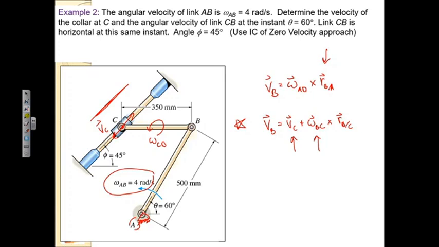I can get the velocity of B pretty easily because I'm given omega AB, so I'll know what this looks like and solve it pretty simply. But then I want to figure out what the angular velocity of CB is, so we can figure out the velocity of C. So that's what we're going to use the instantaneous center approach for.